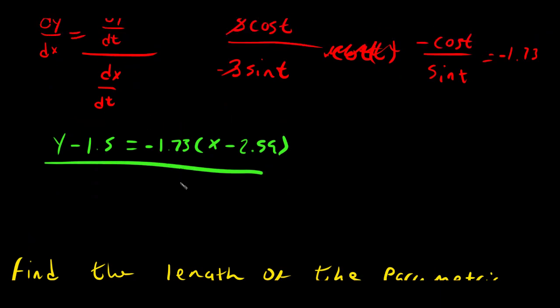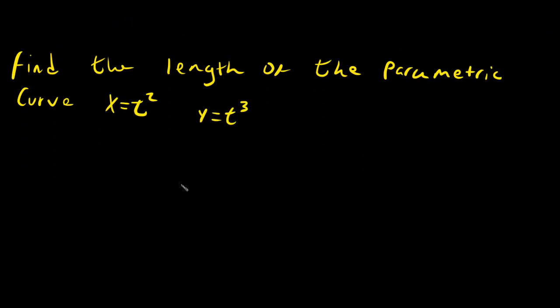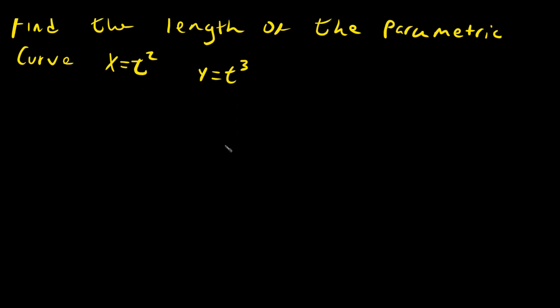So yeah. Okay. And then moving on to another sort of formulaic problem that you'll have to do on pretty much any calculus exam with parametrics, at least: find the length of the curve. There are two formulas to do this.